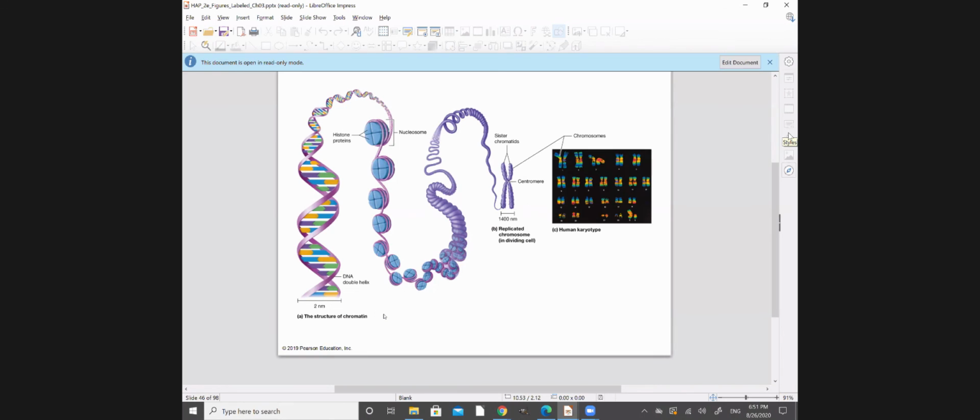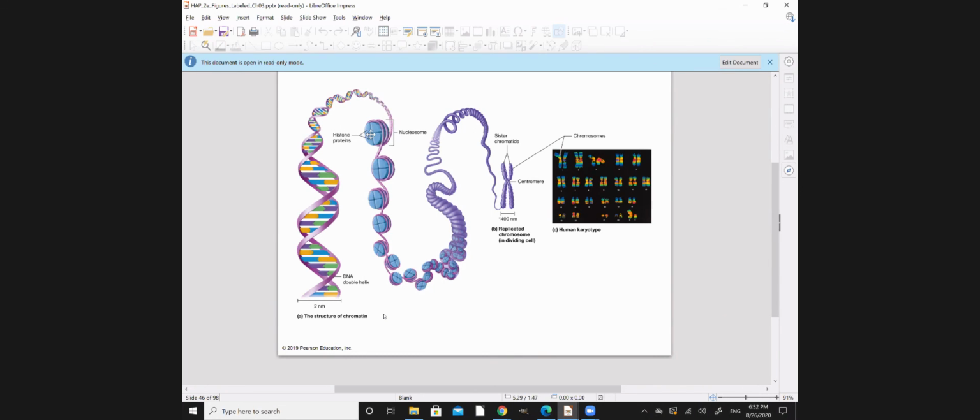Probably everyone is familiar with DNA as a double helix, and normally it's tightly wound in the shape of the chromosome. The nucleosome is the strand of DNA wound around the histone proteins.